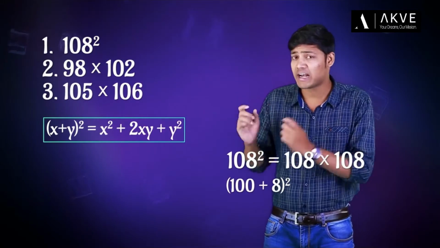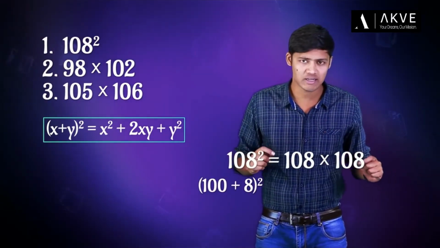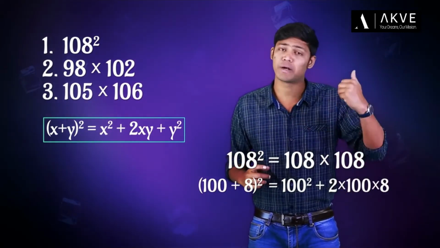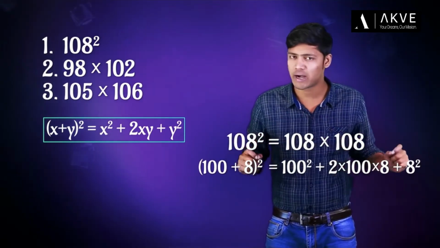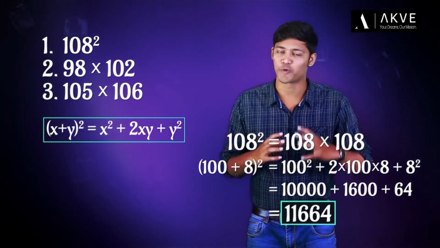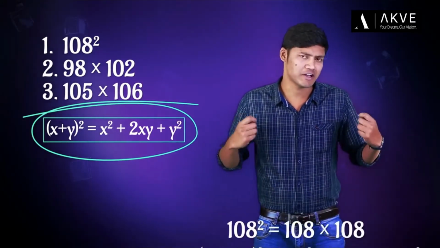Now, from the identity, we can expand (100 + 8)² as 100² + 2 × 100 × 8 + 8², which is nothing but 11,664. Here, this identity made our calculation easier.